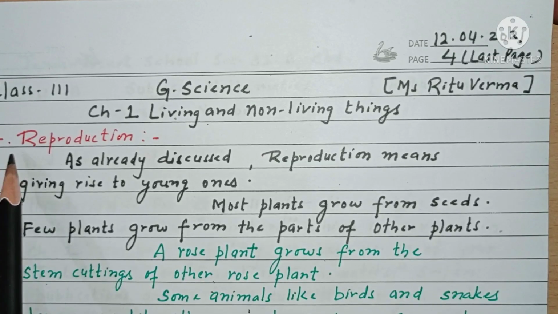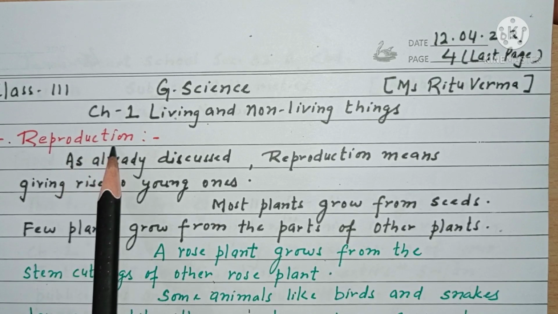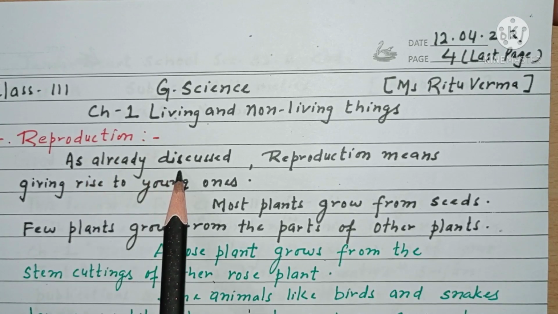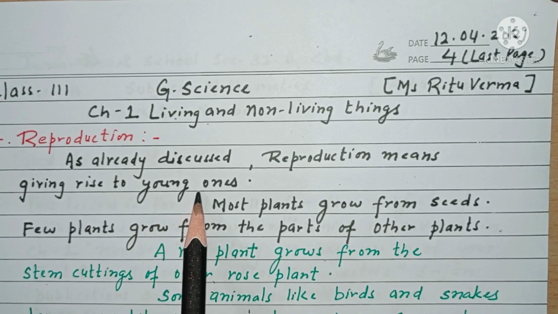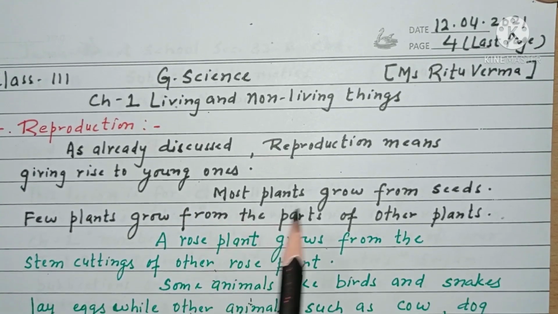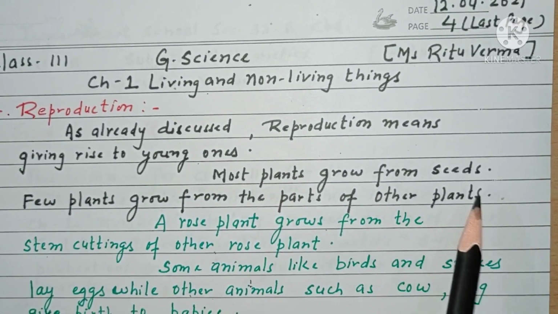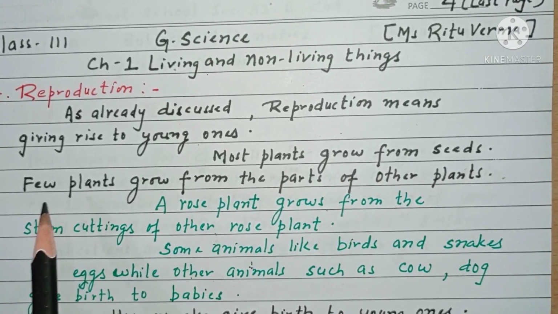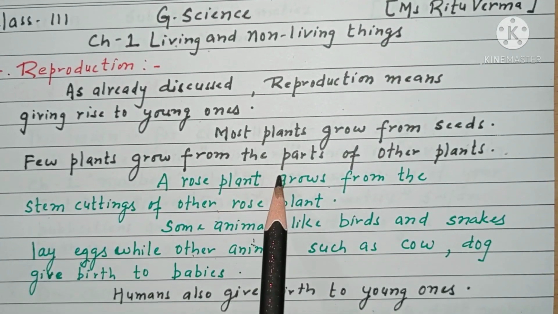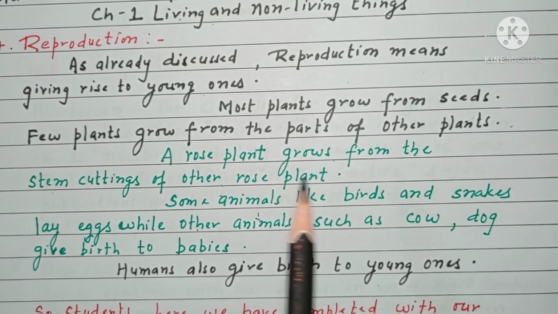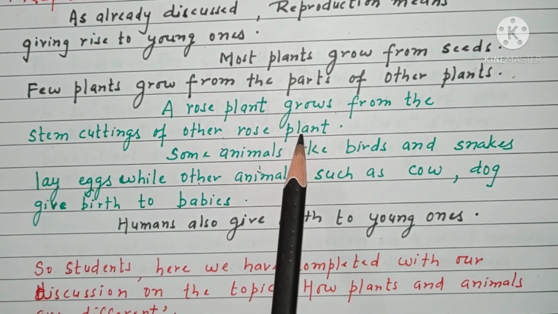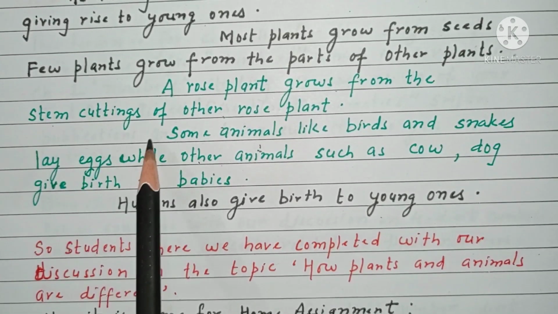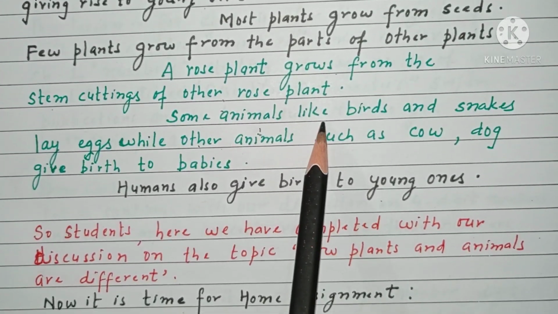The most important factor now, the reproduction. As already discussed, reproduction means giving rise to young ones. Students, most of the plants grow from the seeds, and few plants grow from the parts of other plants. A rose plant, you must have commonly seen, grows from the stem cuttings of other rose plant.